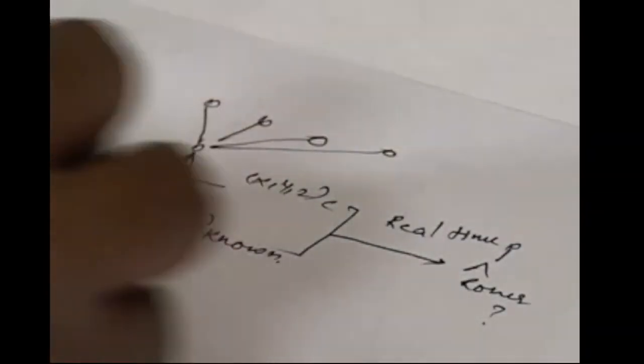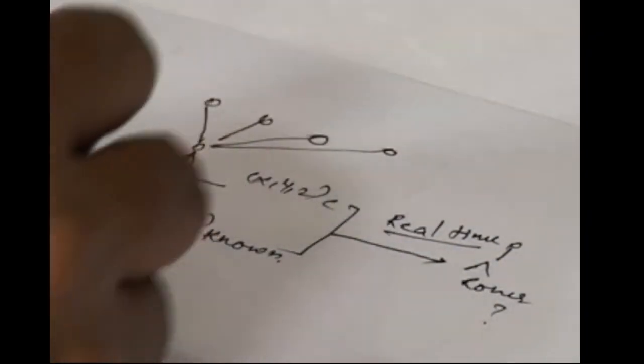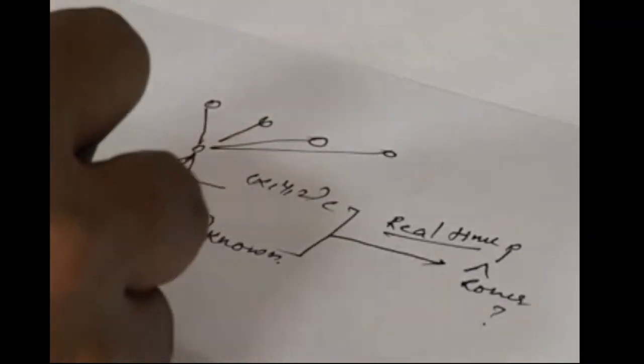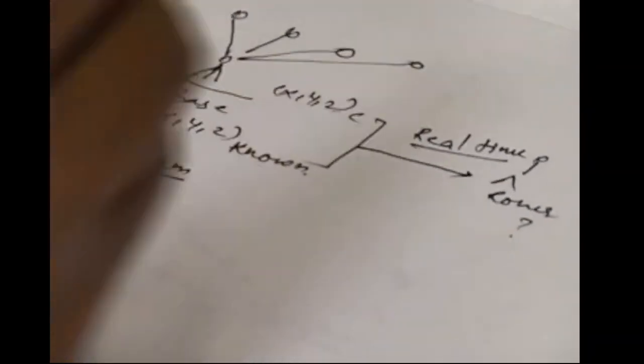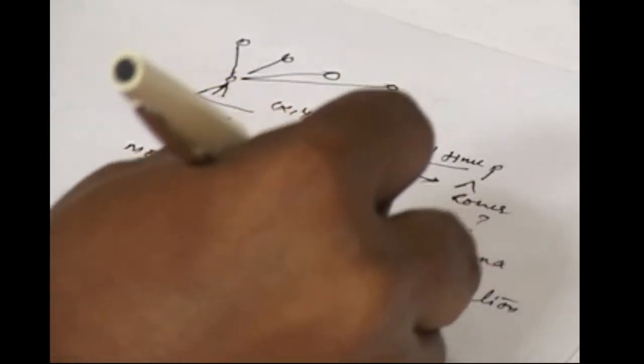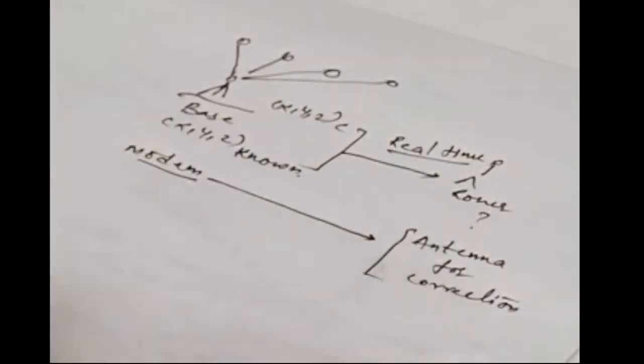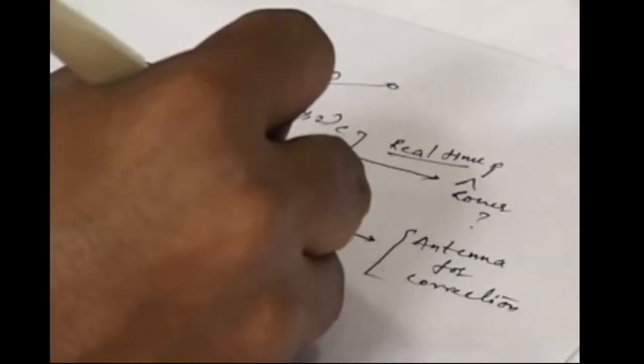In order to apply the corrections in real time, along with the base you need to have a modem which can transmit the corrections from base to the rover, and a rover needs to have a separate antenna for corrections. So this modem will transmit the correction and the antenna will receive these corrections.